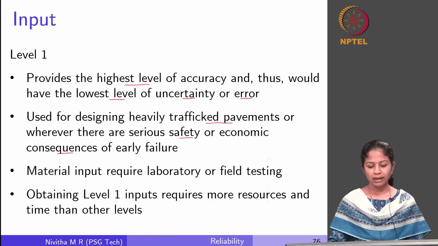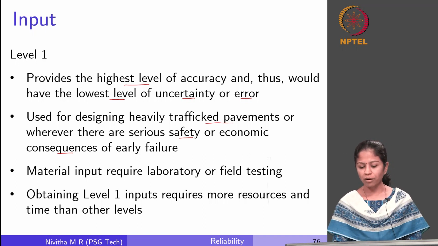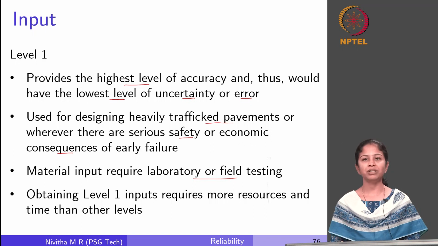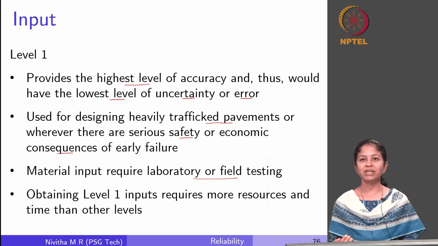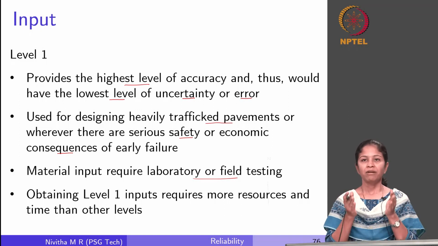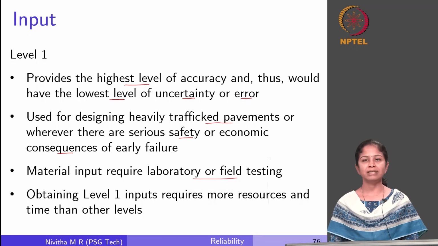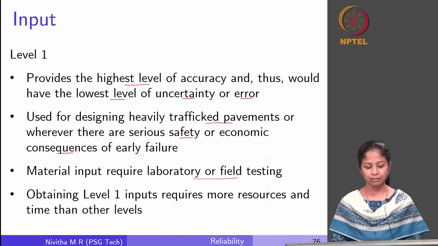The material input requires laboratory or field testing. So there is no assumption or there is no calculation of these values from already available data or through using empirical equations. So for that particular material, we have to do a laboratory or field testing, arrive at the values and only use those values for design.